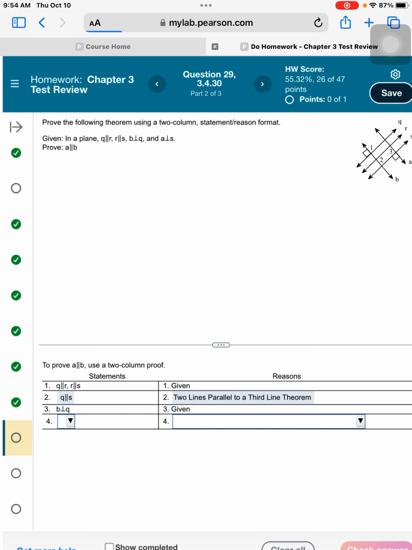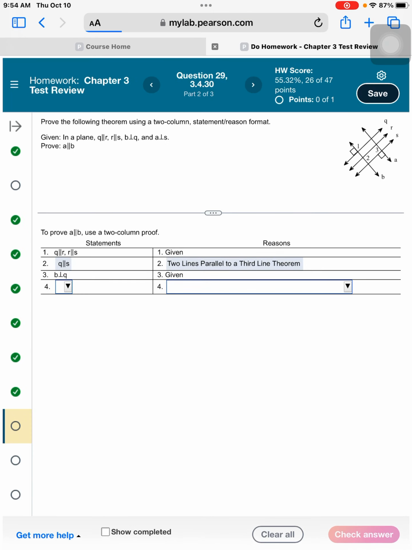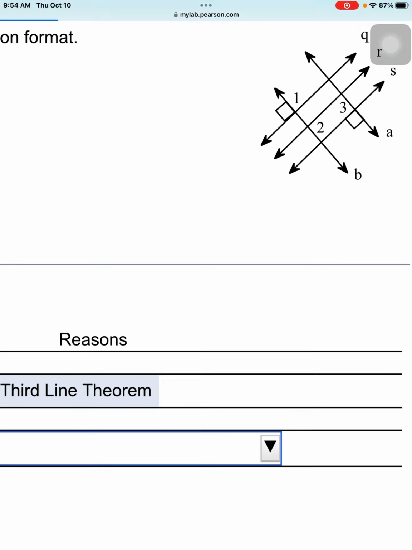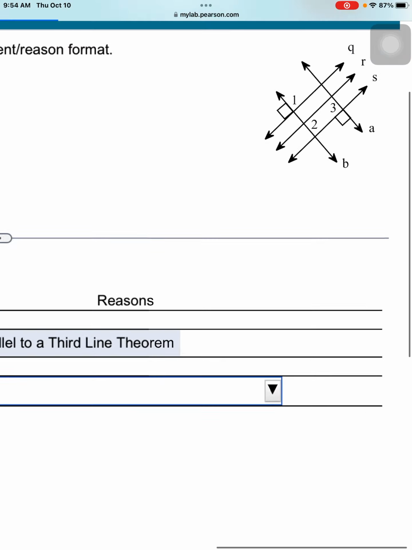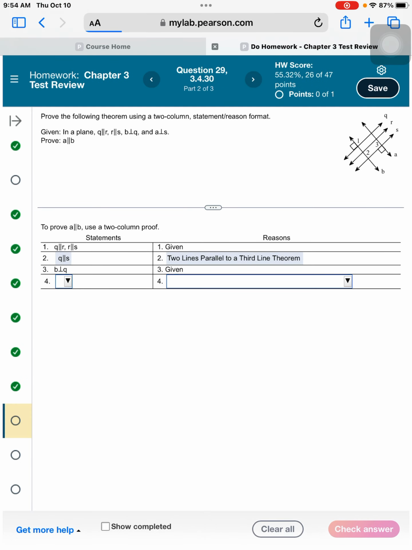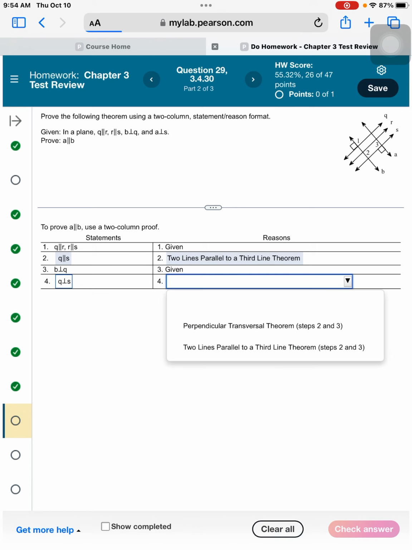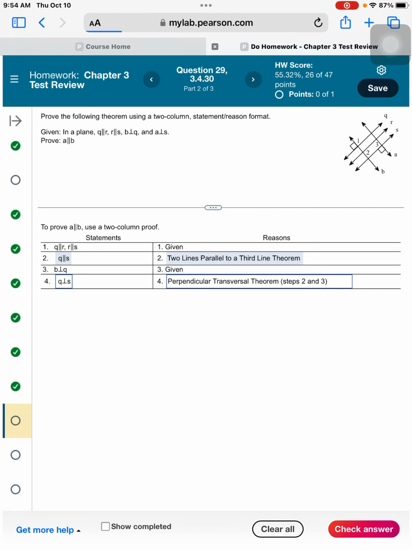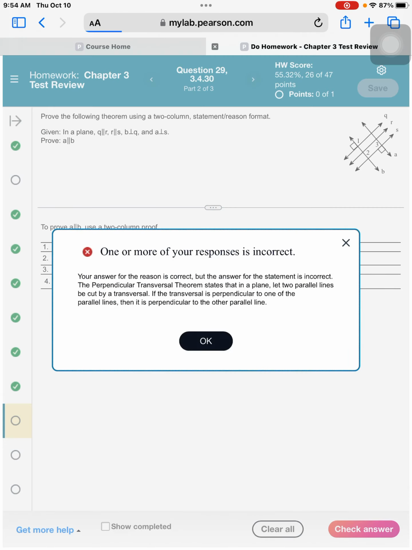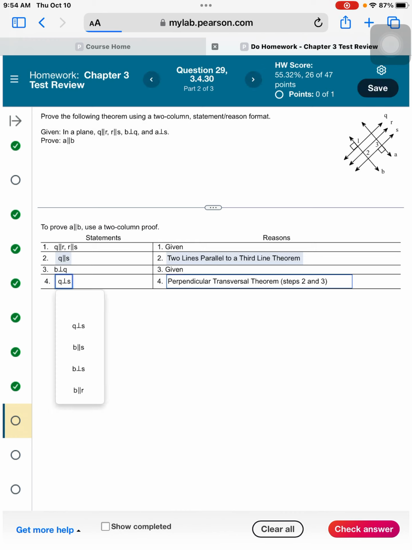Now, if BQ is perpendicular, because of this little box right there, then I can say that Q and S, because of corresponding angles, no? Yeah, this one's a pain in the butt.